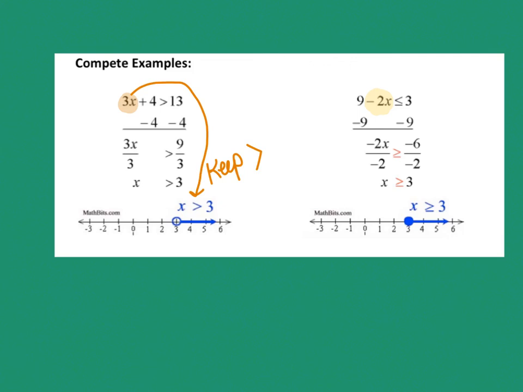So on this one, when I get down to the bottom, because that was a negative, I had to flip the sign and make it go the opposite direction. And now it's going to be greater than instead of less than. And they shaded in the circle. You can notice this one had the equal to sign under it, so they shaded the circle. This one did not have the equal to sign, so they left it open.